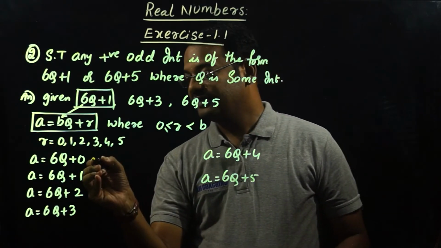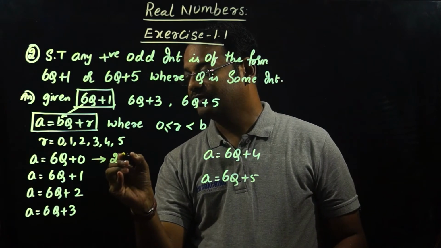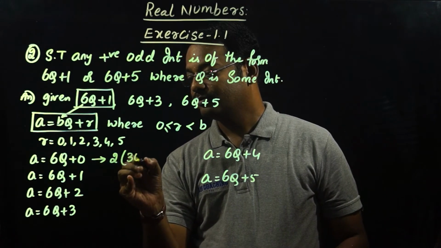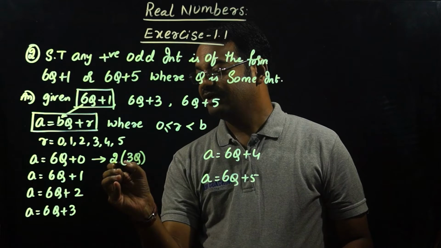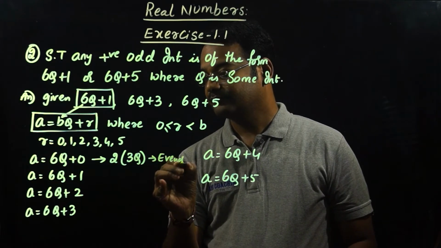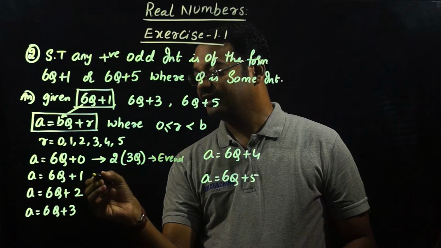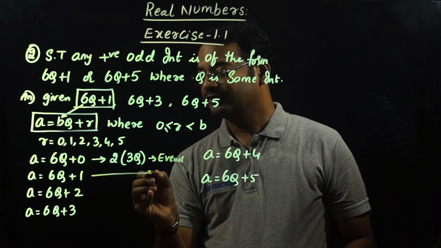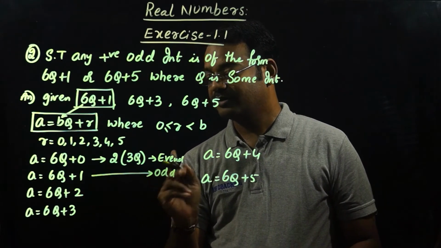As you clearly see, 6q can be written as a multiple of 2, that is 2 into 3q. It is a multiple of 2, so it is an even number. 6q plus 1 cannot be written as a multiple of 2, so this is an odd number.